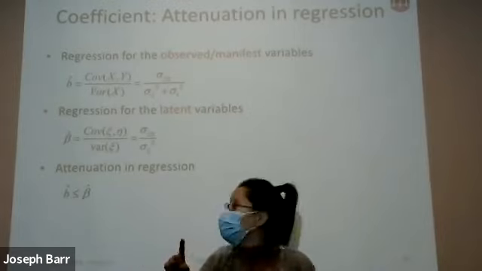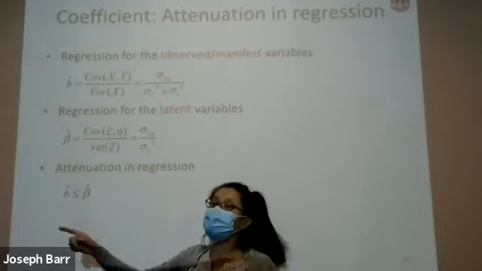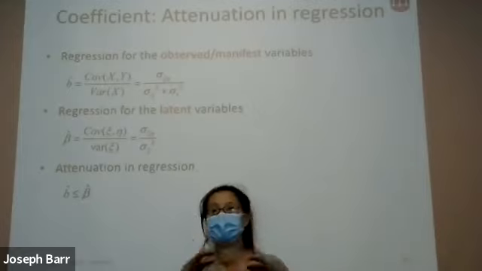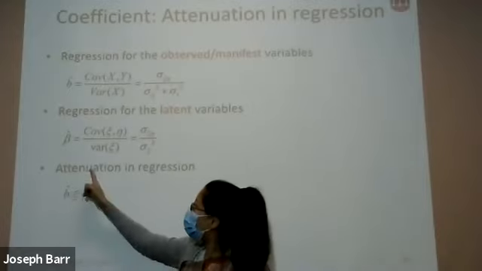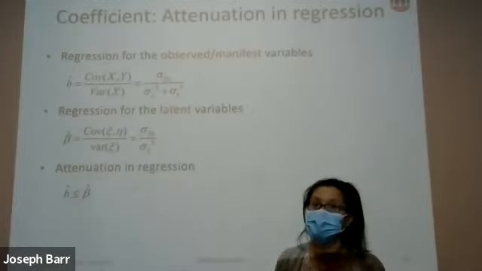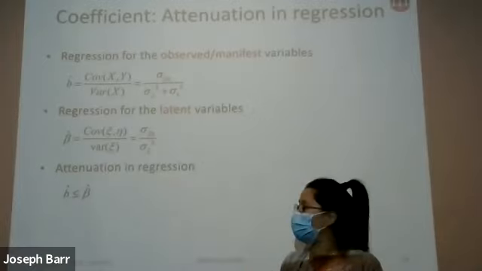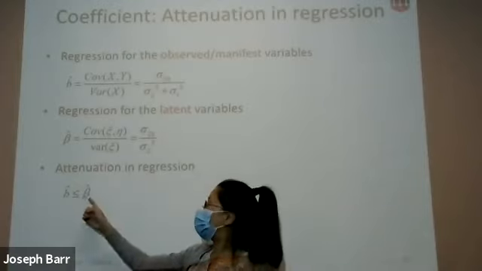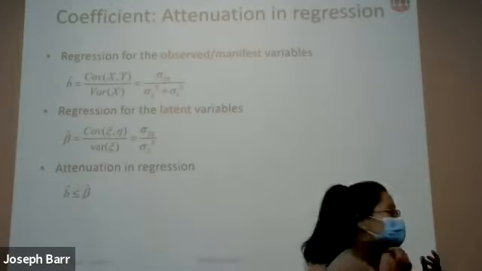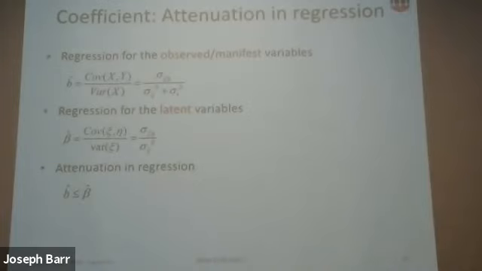In that case, the coefficient is larger than the coefficient we obtain in this world. This is called attenuation in regression. What we observed is not the true slope, it's a smaller version of the true regression coefficient.